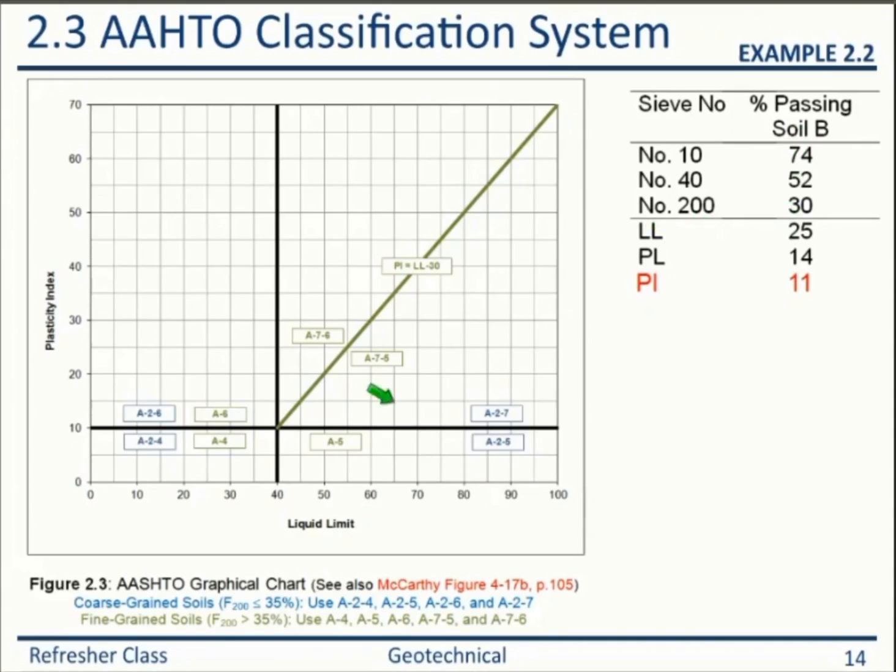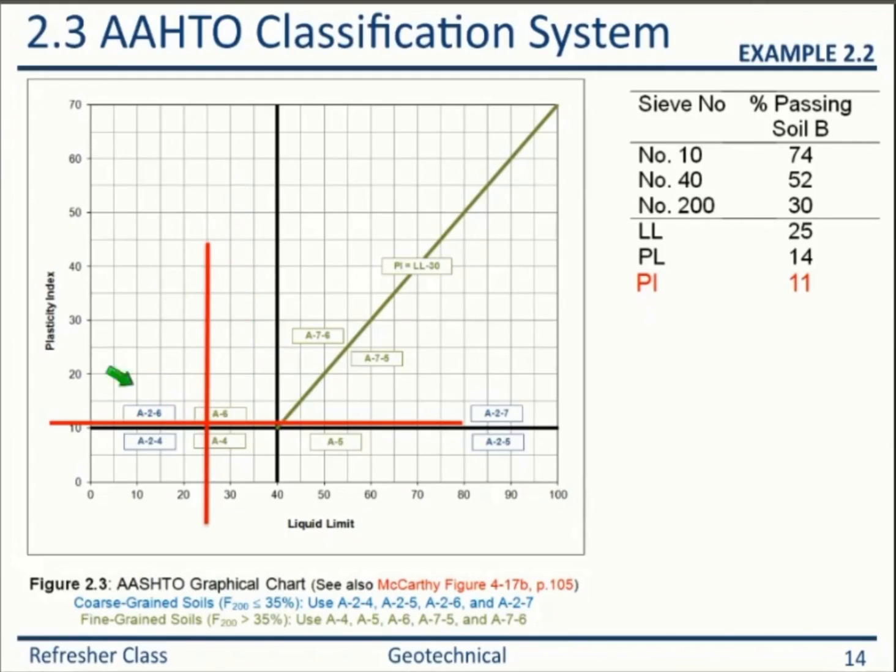So that should be in between 20 and 30, this line, 25. And your plasticity index PI is 11, that should be just above 10. So if you plot soil sample B, the point lies here. That point is above this black line and left of this line.